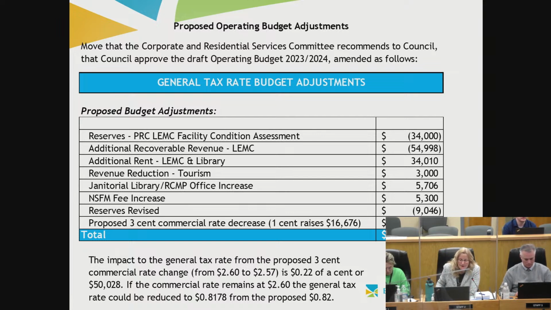Or for council's benefit, this change, which is roughly $50,000, is about 0.22 of a cent on the general tax rate. On the general tax rate, 1 cent raises $223,000 and change. So it's less than a quarter of a cent if we left it on the GTR and didn't amend the commercial tax rate.